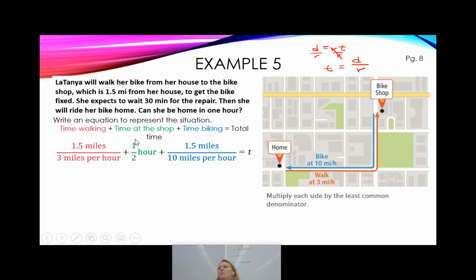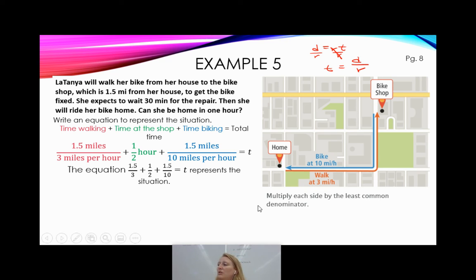All right, I'm going to remove all the units off of this. I use the units to help me keep everything straight, but I'm going to take the units off so that I can actually solve this. So I have 1.5 over 3 plus 1/2 plus 1.5 over 10 equals t to represent the situation. I'm not loving the fractions. So here's what I'm going to do.